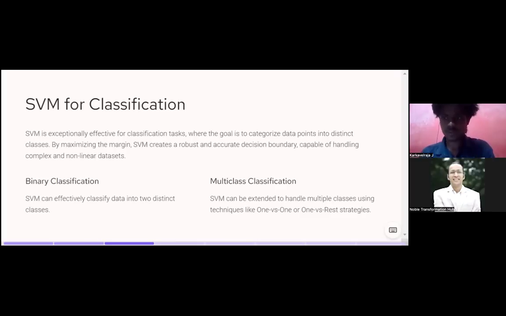If somebody asks what the main aspects of classification in SVM are, you can say there is binary and multi-class. Binary is for two, multi-class is for one versus one or one versus rest strategies. You don't have to remember everything, just the main essence of the concept.